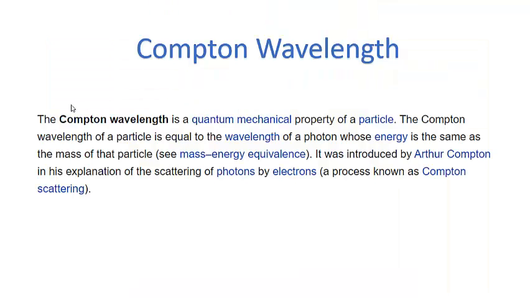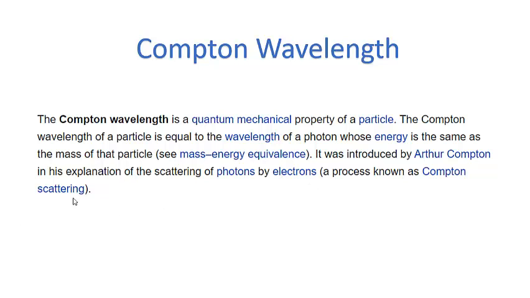So again, by definition, the Compton wavelength is a quantum mechanical property of a particle. The Compton wavelength of a particle is equal to the wavelength of a photon whose energy is the same as the mass of the particle. Now, it seems very confusing. How can a particle have a wavelength? What I'm going to show you is that a particle need not have a wavelength, but a particle can have a frequency.